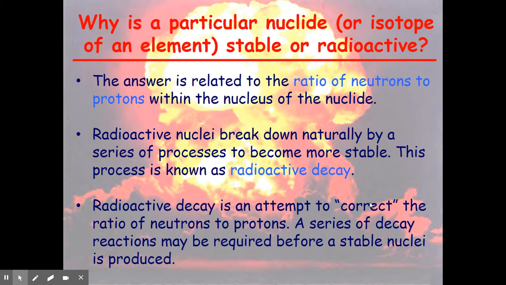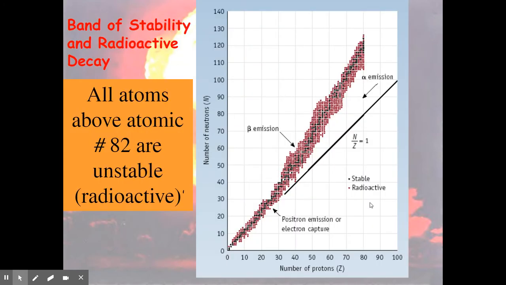But the decay is an attempt to correct the ratio of protons and neutrons. Sometimes it's a 1-step decay, sometimes it's a 5-step decay. It just depends on what your starting nucleus is. But it's trying to get to what's called a stable nucleus. Once that stable nucleus is reached, it will no longer decay. So it just depends on where you start, how long it takes to get there.